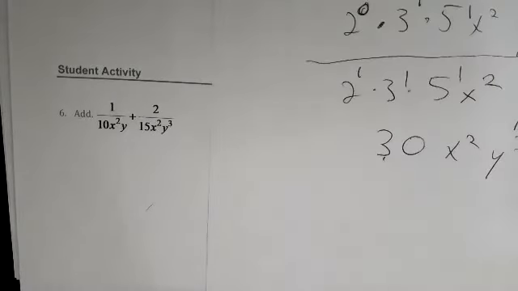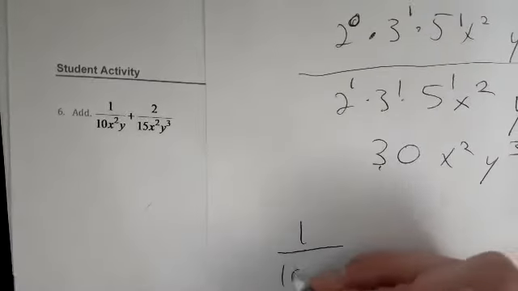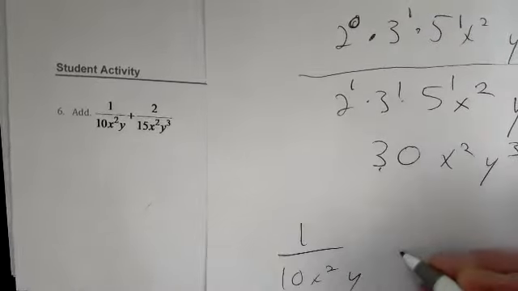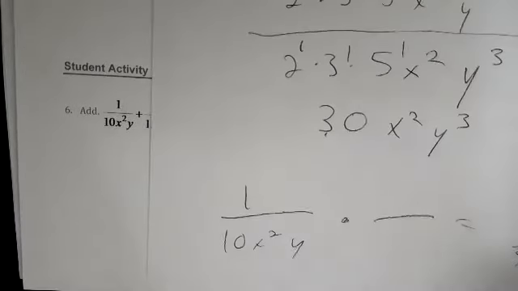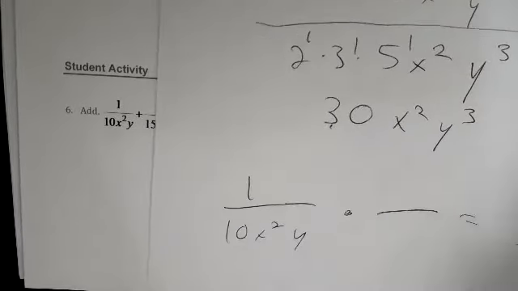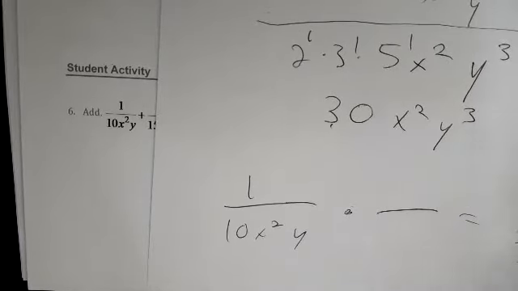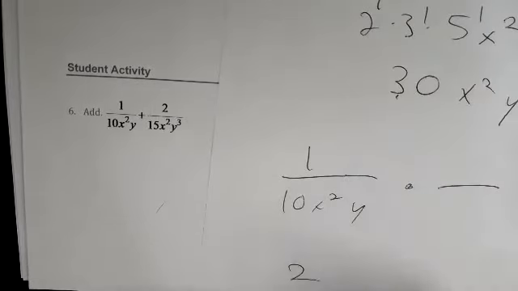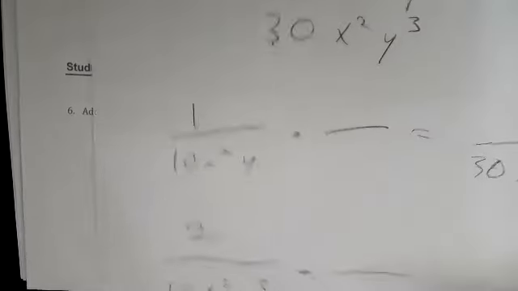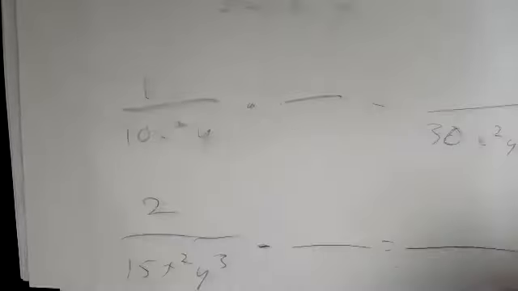So if I go 1 over 10x squared y, multiplying top and bottom by something, I'm going to end up with 30x squared y cubed.